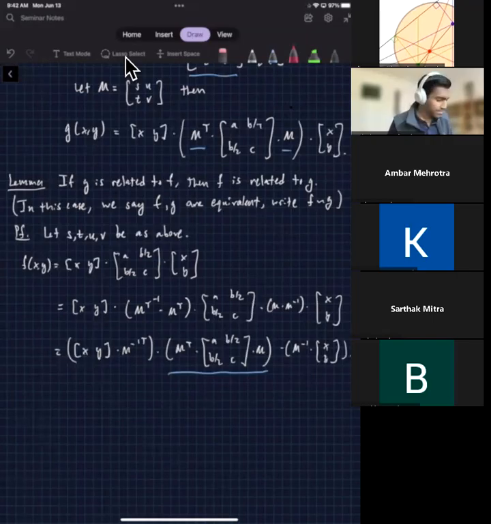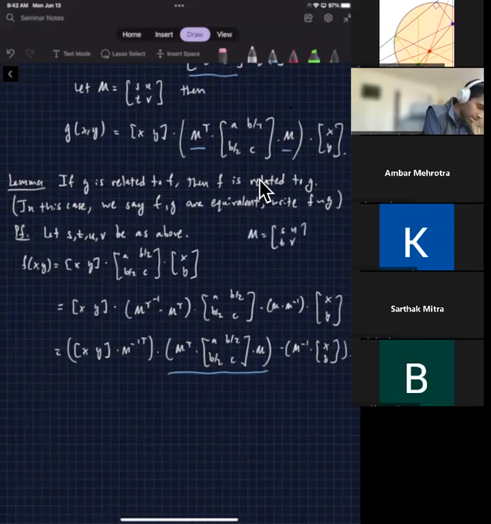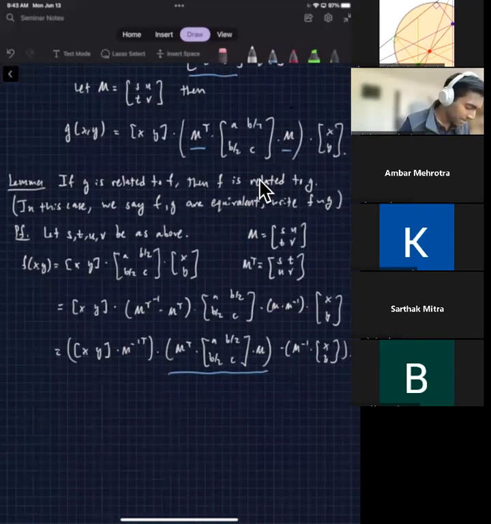There's a question in the chat. Can you tell what M transpose and M to the minus 1 are? Yeah, so M was the matrix (S, U; T, V). So M transpose is going to be the matrix (S, T; U, V). That's just the transpose, a reflection across the main diagonal of the matrix. And I'll tell you what M inverse is now.